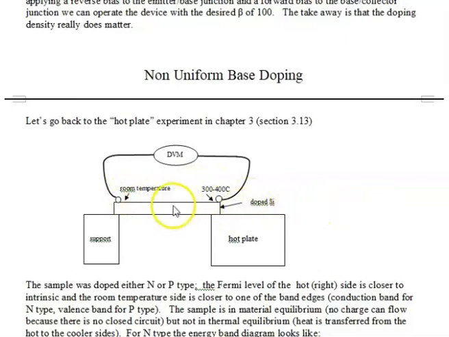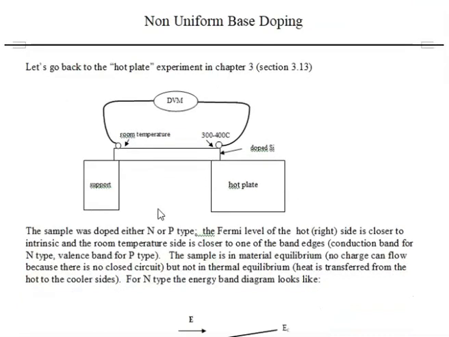Now, if we look at this sample, we ask, is it in equilibrium? And the answer is a resounding maybe. It is in material equilibrium because there's no external circuit, so there is no charge that can flow around the circuit. The DVM, the digital voltmeter, has a really high resistance, so this does not represent a circuit.